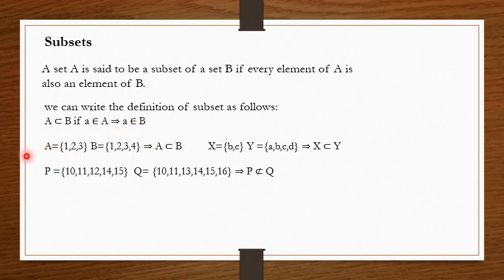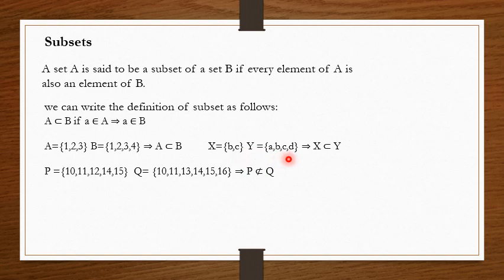Here there is an example. Let A equal to {1, 2, 3} and B equal to {1, 2, 3, 4}. Just look, is every element in A also present in B? 1 is present in B, 2 is present in B, 3 is also present in B. That is, every element in A is also present in B. Then we can say that A is a subset of B. Now, consider X and Y. X contains the elements b, c.